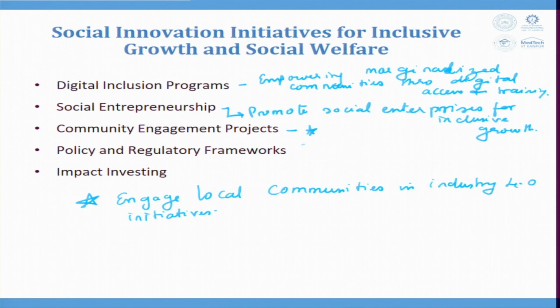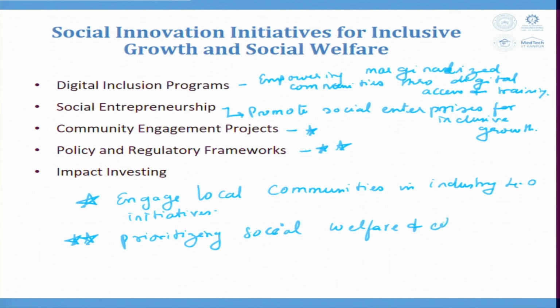Then policies and regulation framework. So, we are here trying to talk about prioritizing social welfare schemes, social welfare and ethical AI usage.